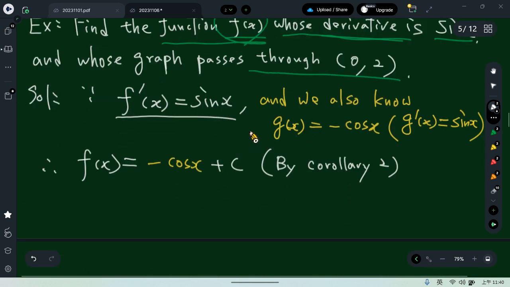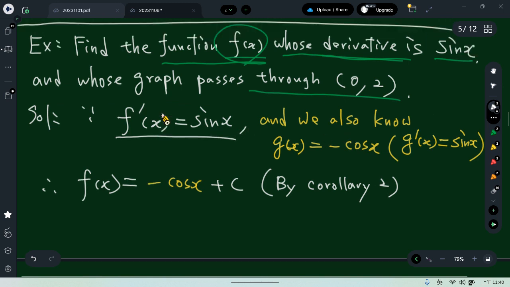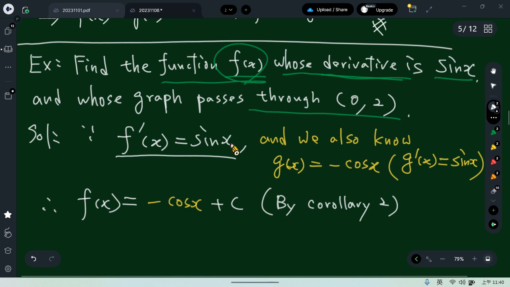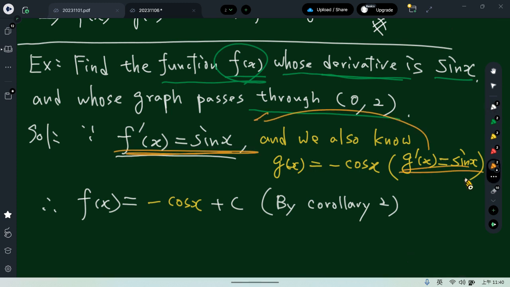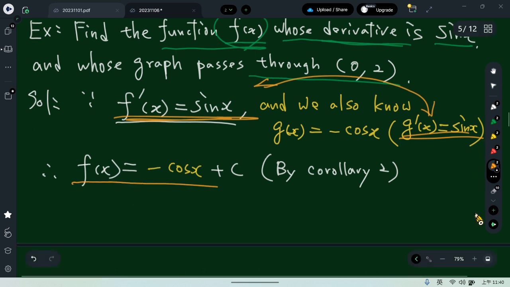So even though I don't know what f of x is, we know its first derivative is sine x. Based on this, I try to design another function g of x. If g of x is equal to minus cosine x, then g prime x is sine x, so that they have the same derivative. These two have the same derivative, right? So we can conclude this one.